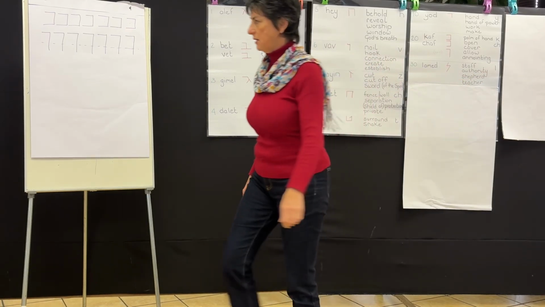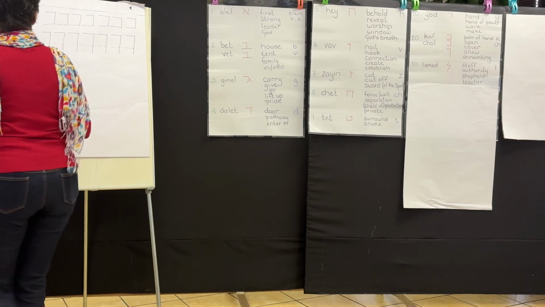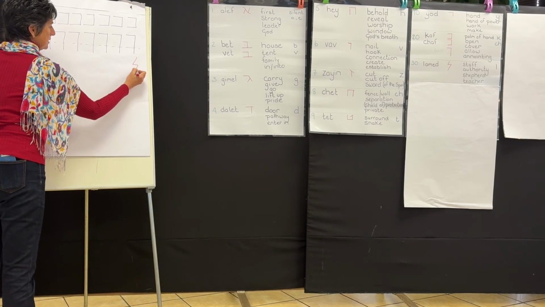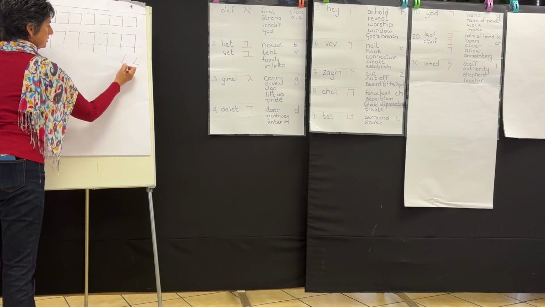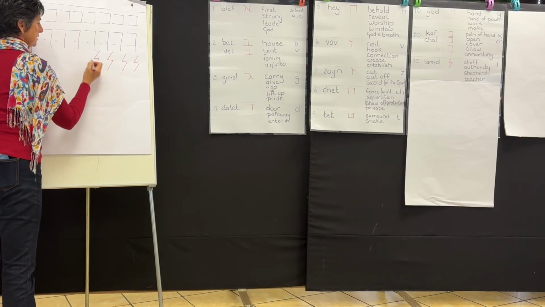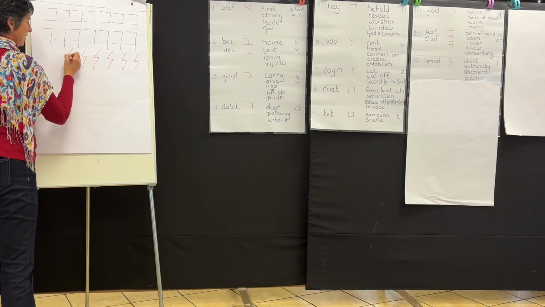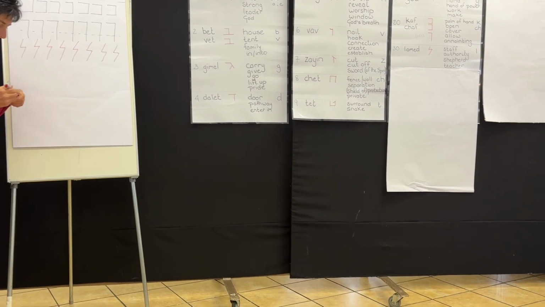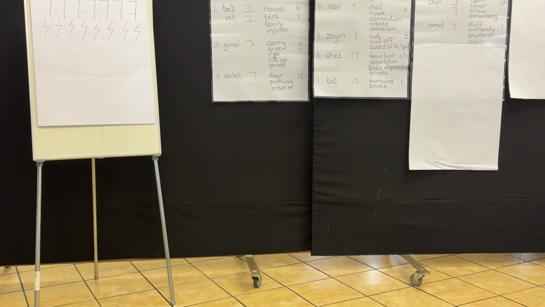And to write it, you can write it like I do, like a lightning bolt. And that just impresses the message of the level of authority that it has. Love the letter. Lamed. Okay?